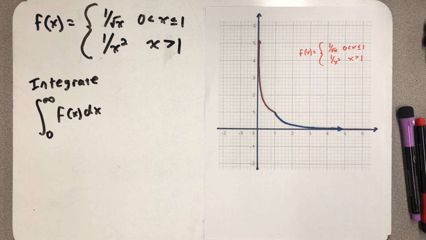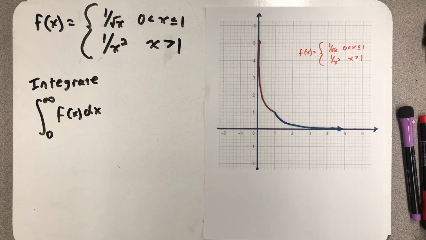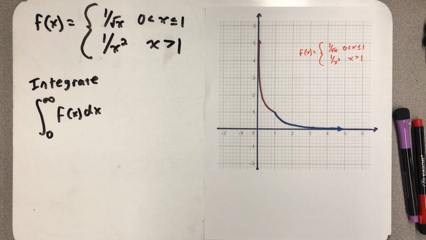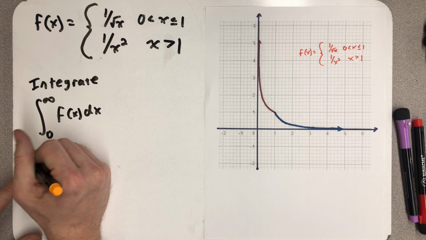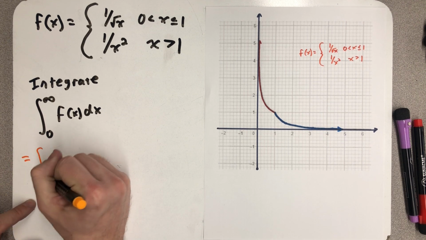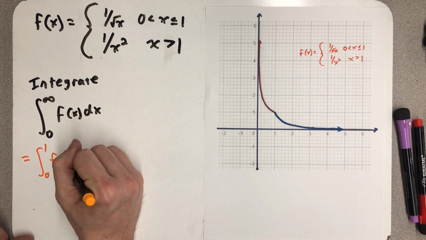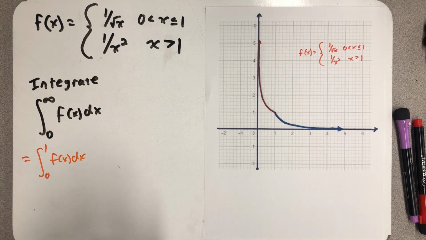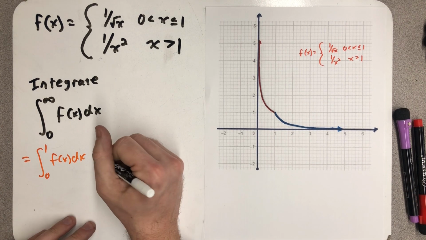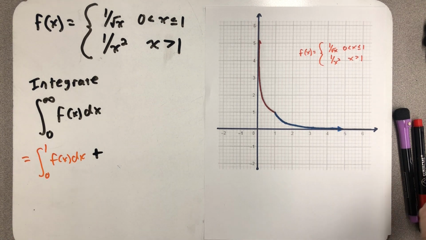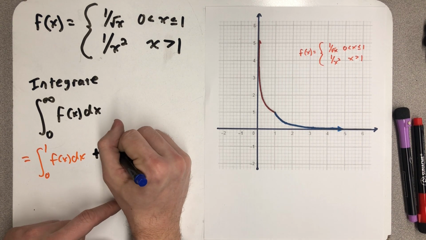Because it is defined as a piecewise function, I do think it's pretty natural to think of splitting this up into two integrals. The integral from 0 to 1 of f of x plus the integral from 1 to infinity.